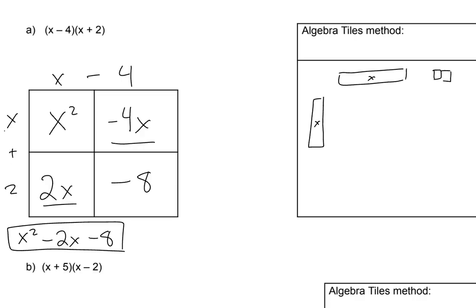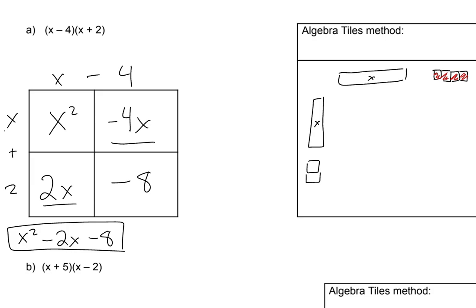Oh, sorry, that's minus 4. And all of these, because they're negative, I'm just going to highlight them. And then x, and then what I have left here is positive 2. So I'll only put red on it if it's negative.